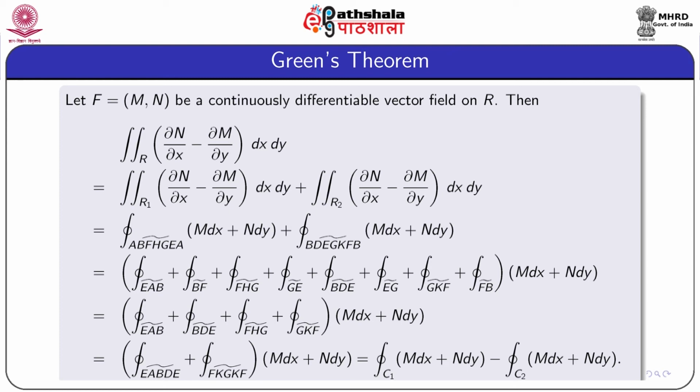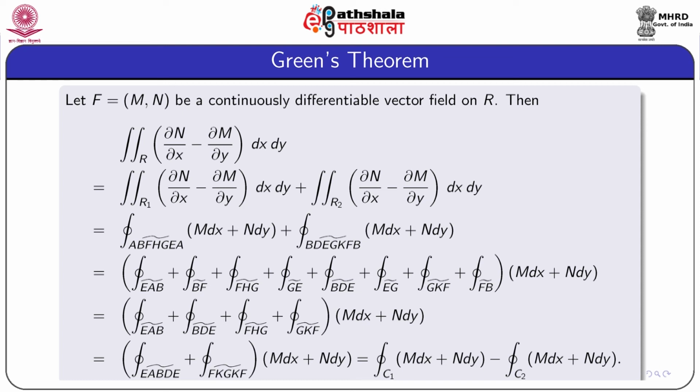Let F equal to (M, N) be a continuously differentiable vector field on R, then consider the double integral over R of (∂N/∂x minus ∂M/∂y) dx dy. This equals the integral of the same over R1 added with that over R2. We apply Green's theorem and hence this equals the line integral of M dx plus N dy first over the curve ABFAGEA added with the same over the curve BDEGKFB.